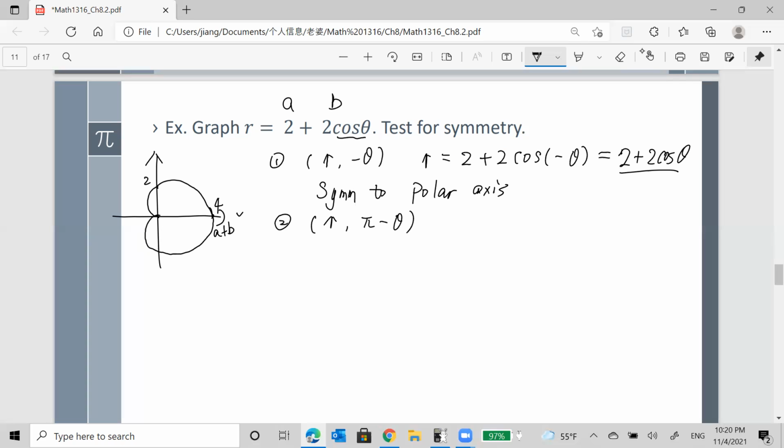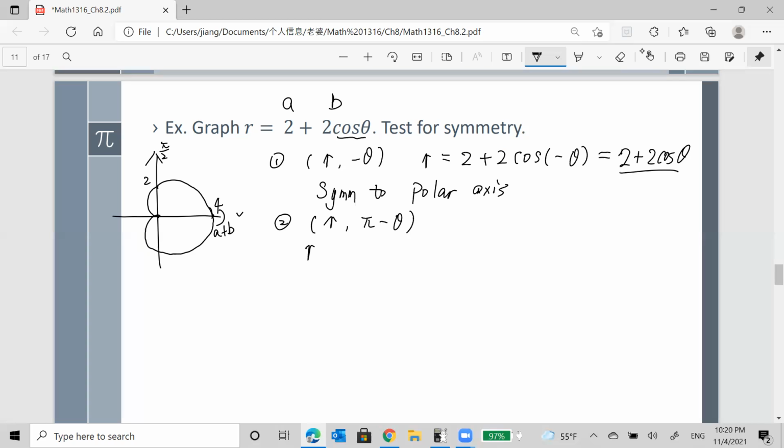And second one, let's try r, pi minus theta. From the picture, I can tell it's not symmetric to theta equals pi over 2, because this side is this shape and this side is this shape. But I'm going to try to replace the r and theta in the expression by r, pi minus theta.